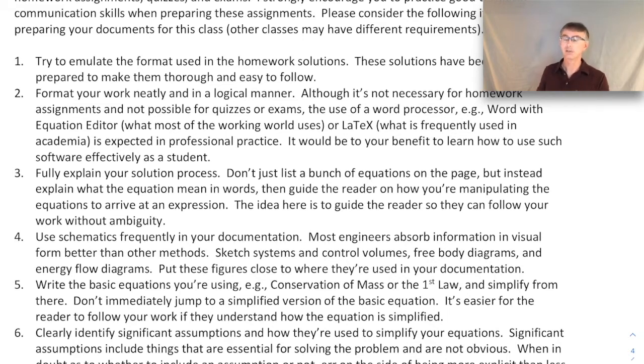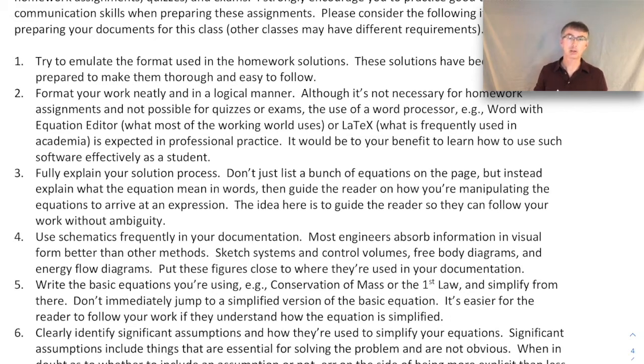As far as email with instructors and TAs, just always try to write professionally, use proper grammar, and practice those things. Usually emails are short, so it's not a big effort. When you write your email, just proofread it before you send it off. So get a little practice there.